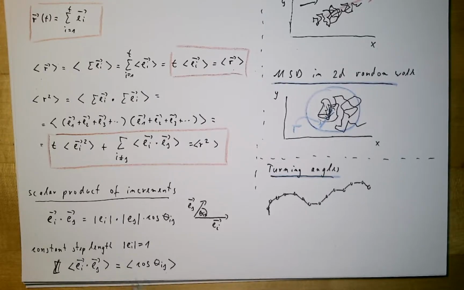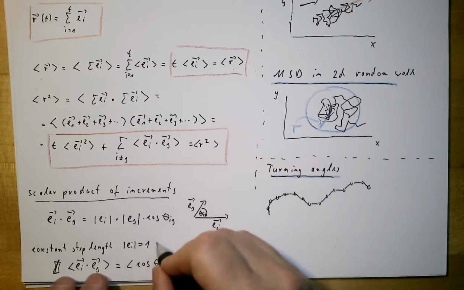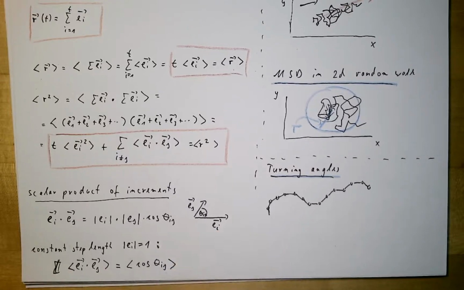And so if we sum up the expectation of the cosine of the turning angles, this gives us the memory of the process if the step lengths are of the same length.